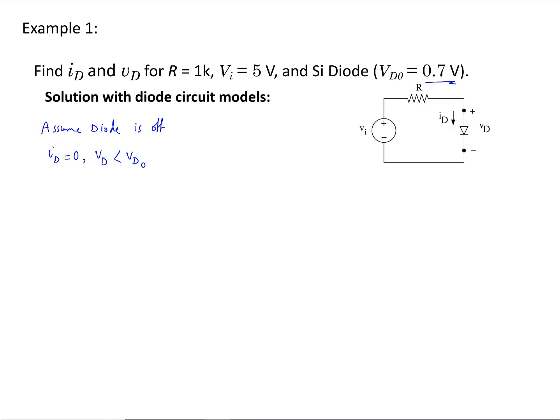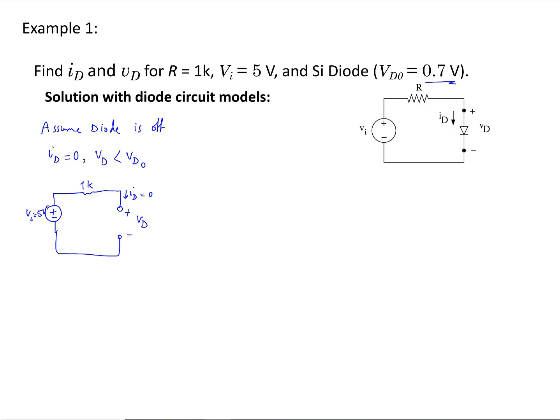If I redraw the circuit using the circuit model for the diode when it is off, I'm going to have something like this. So when the diode is off, I can replace it with an open circuit. The voltage is equal to VD and ID is going to be equal to 0, and R is 1 kilo ohm, VI is equal to 5 volts.